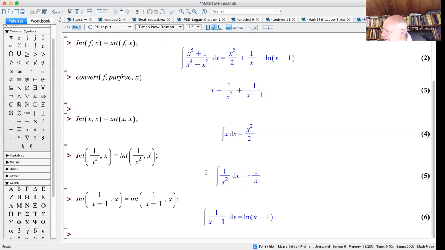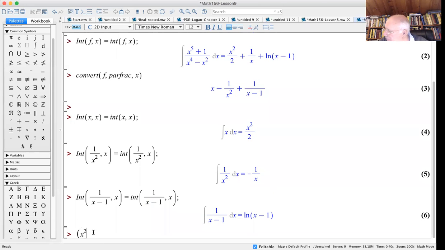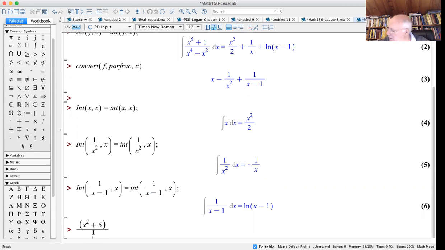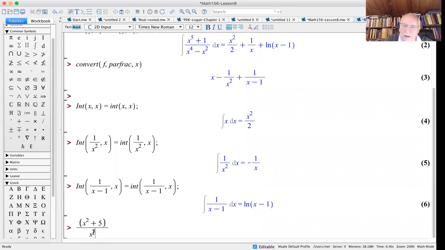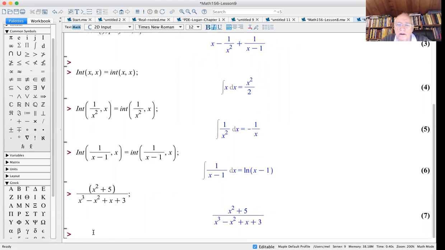In lesson 13, number 27 was to integrate x squared plus 5 divided by x cubed minus x squared plus x plus 3.